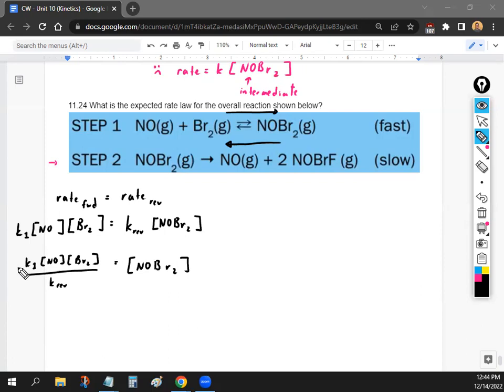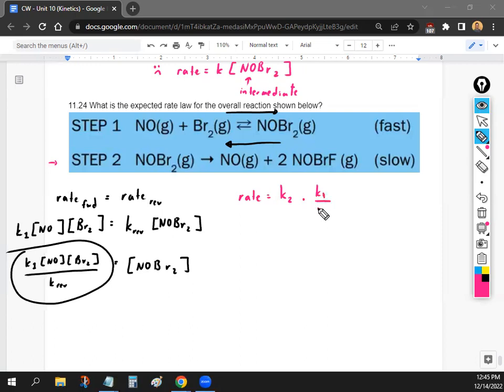Okay, so we're just going to take this value right here and substitute it into this rate law for the concentration of the intermediate. So we're going to write that the rate is equal to K, and this is going to be K2, right? Because it's for step 2. And then we're going to multiply it with K1.